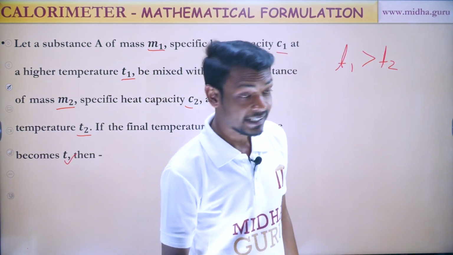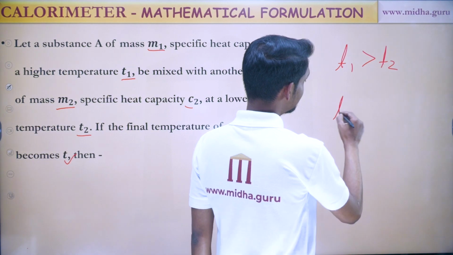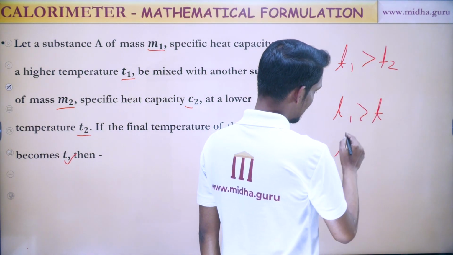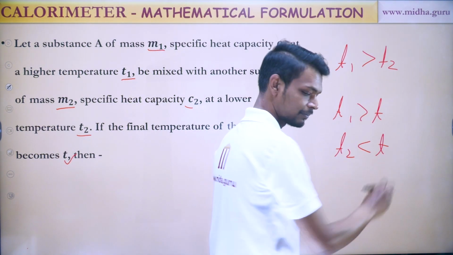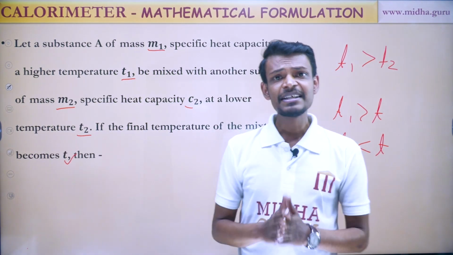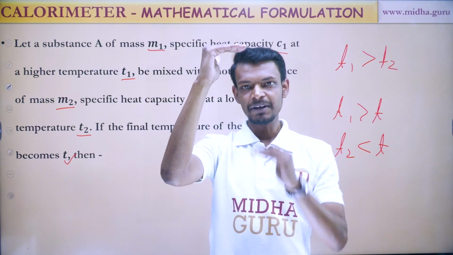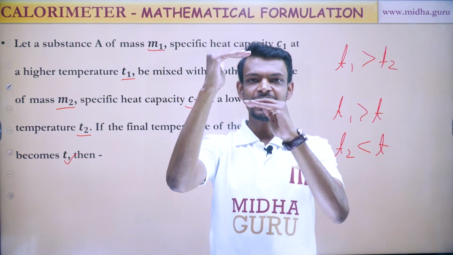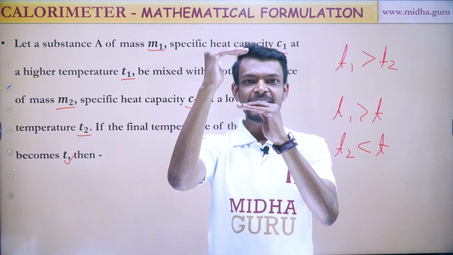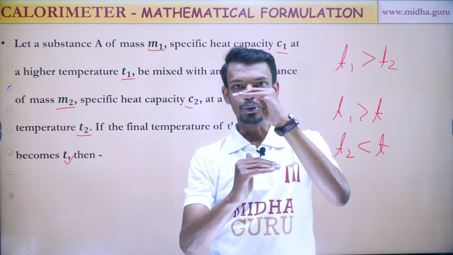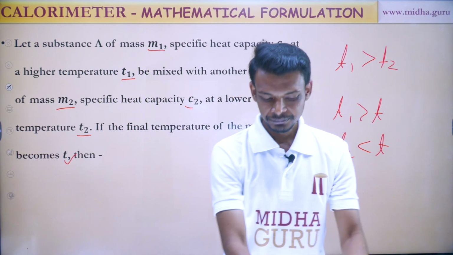Now, the insight that can be drawn from here is that T1 is greater than T and T2 is less than T. Again, it is very easy to understand. You see, T1 was here, T2 was here, and T was somewhere in between these two temperatures, right? So clearly, if this is my T, then T1 is greater than T and T2 is less than T. Okay?